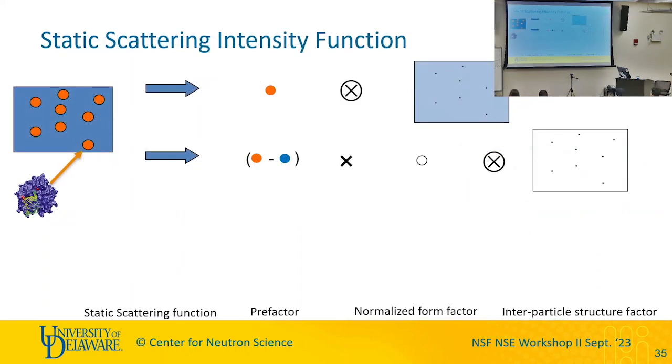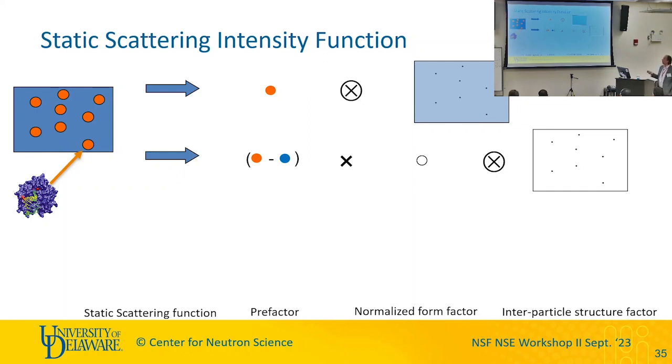So if I now take my protein, right, and I think about a solution of proteins, I now have to sum up over all scattering, not just from one protein, but interference, for example, from a scattering center on this protein with that protein. That sounds horrible, but divide and conquer, right? So the first thing is we know how to calculate the scattering from one protein. That's not a problem.